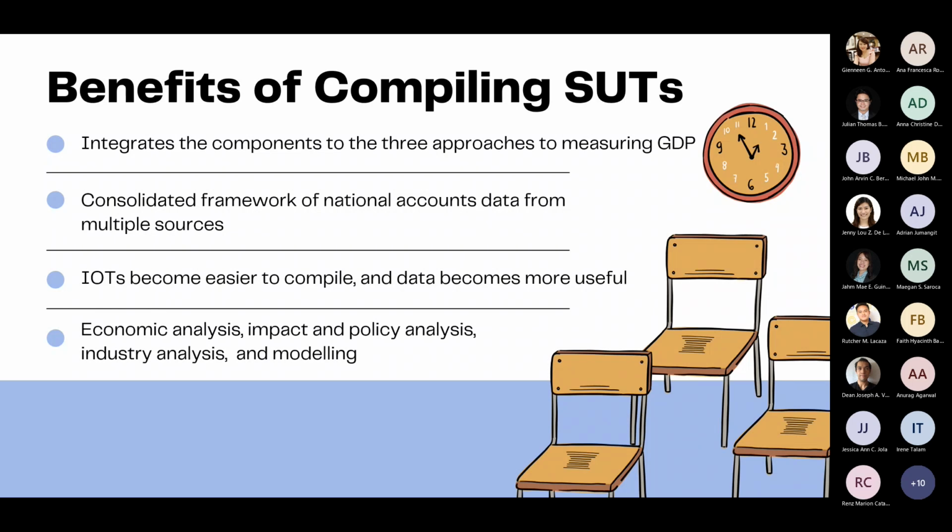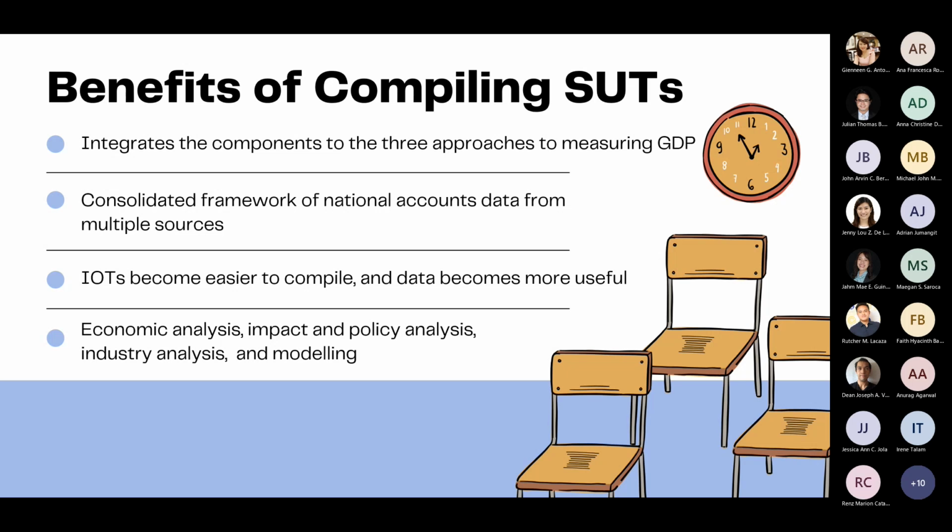Here we are able to exhaust and complete our coverage of all possible activities and resources in the economy. We are able to correct for the coverage that we have in other data sources, and we of course produce coherent measures of GDP.